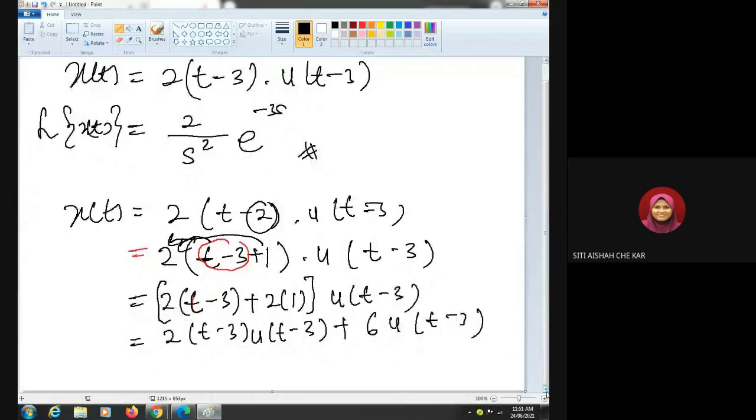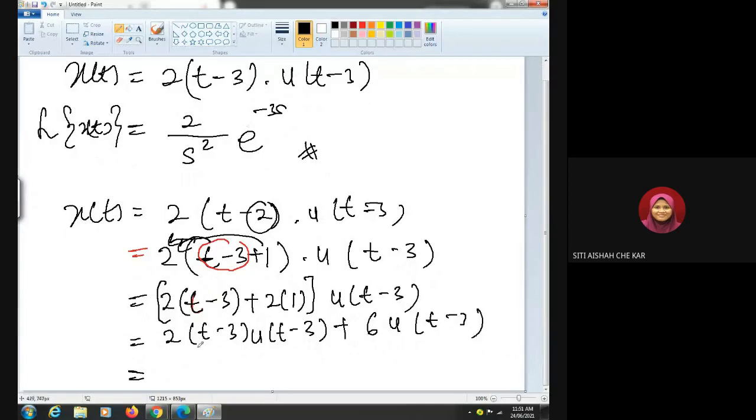So you can see here, this is minus 3. This one also minus 3. So when the value of shifting is equal, automatic you can use the properties. So your final answer for this one is this one lah.